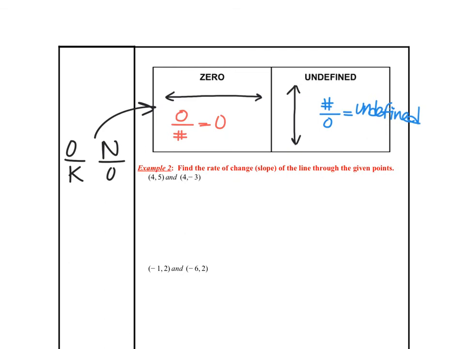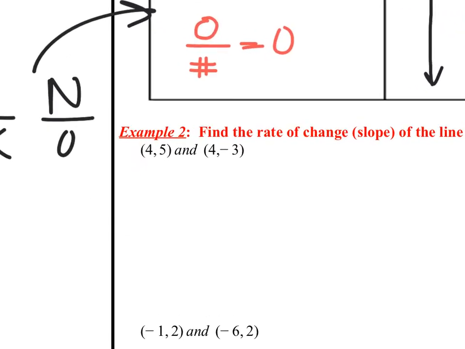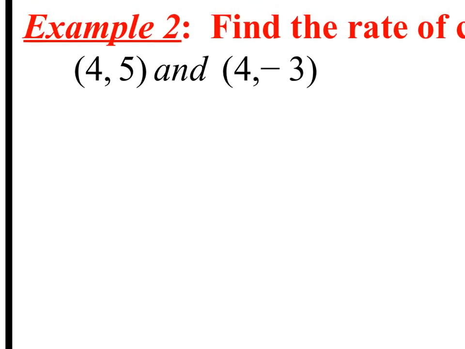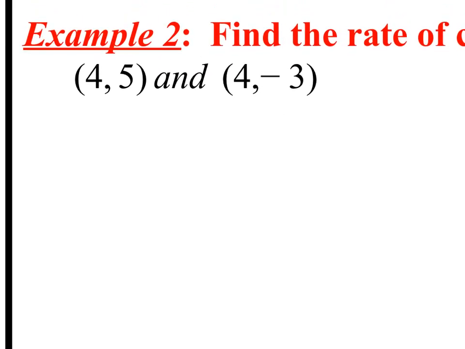Okay, let's do these two. These are obviously going to be special ones. Find the rate of change through the given points from 4, 5 to 4, -3. Okay, my change in y. When I go from 5 to -3, I subtract 8. So that's my change in y.